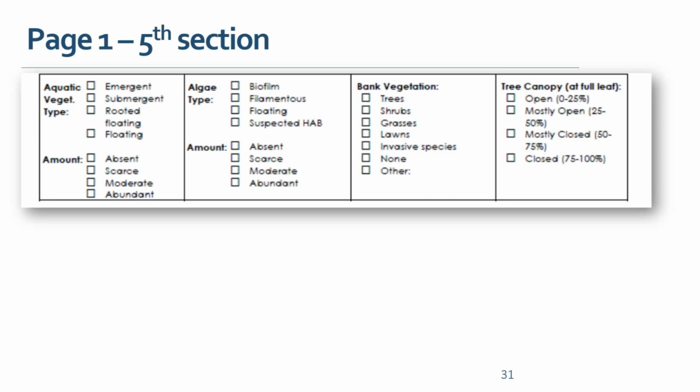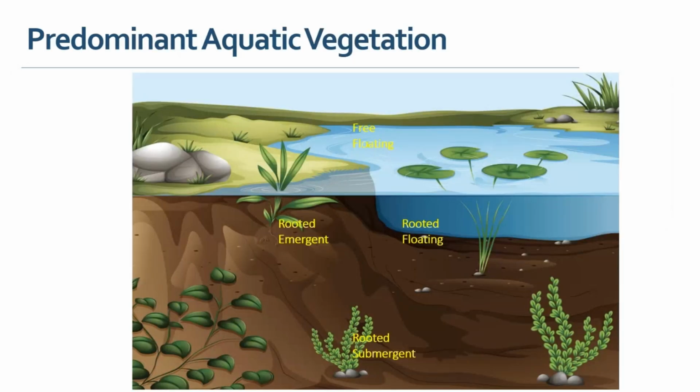In this section of the data sheet, we're going to talk about the types of aquatic vegetation and algae, what kind of vegetation is on the banks, and how much tree canopy there is. So in our data sheet, we have the choices of rooted emergent vegetation, free floating, rooted floating, and rooted submergent.